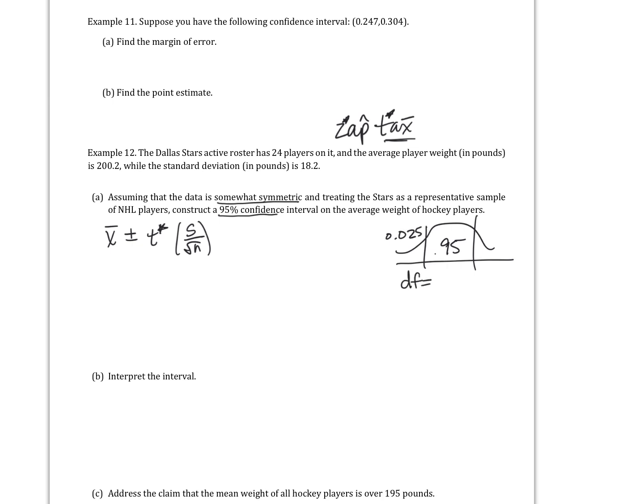Degrees of freedom. What's my degree of freedom going to be here? Let's back up. What's my sample size? 24. So my degrees of freedom is 23. So let's find T star. Remember inverse T? .07.